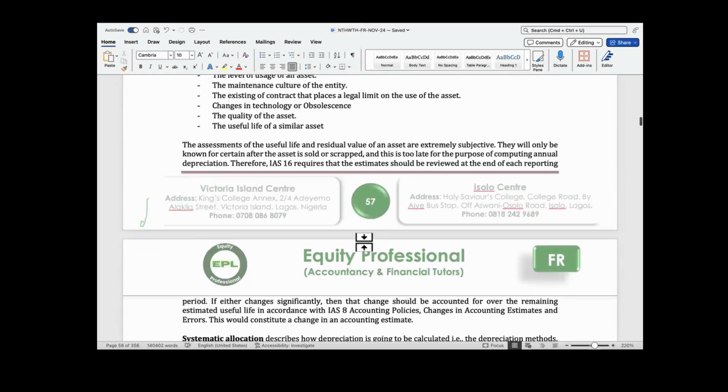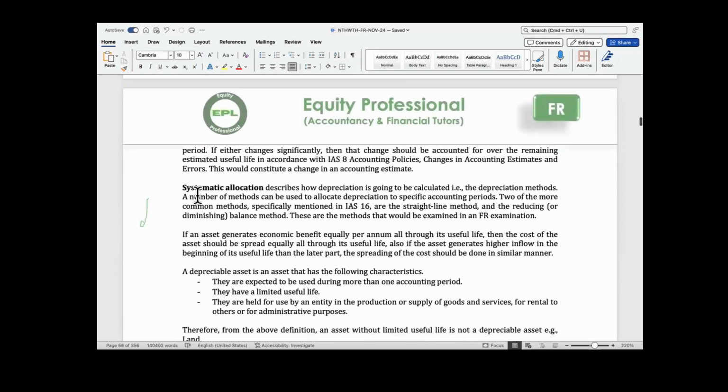And also is systematic allocation. This systematic allocation is just how depreciation will be calculated. That's just how you allocate the depreciation, which we call depreciation methods. So IAS 16 recognizes 2 depreciation methods.